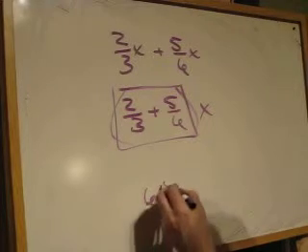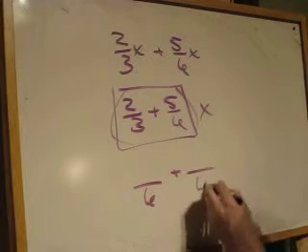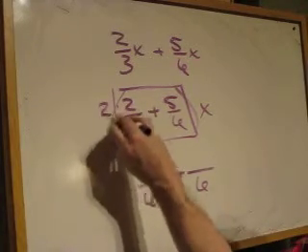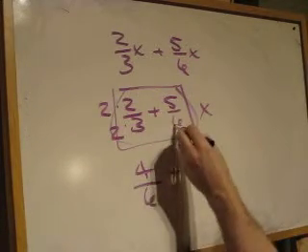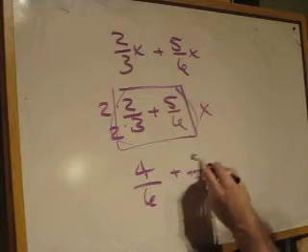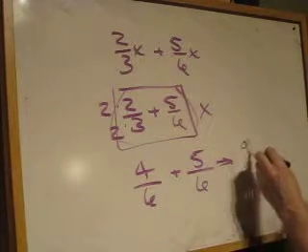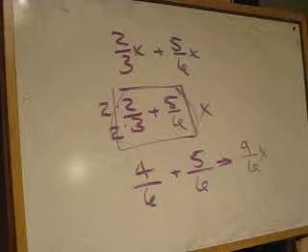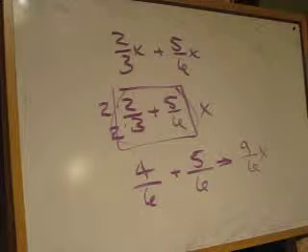So we have 6 here and 6 here. What did we do to go from 3 to 6? Multiply by 2, multiply the top one by 2. Here, 6 to 6 didn't do anything, don't do anything to the top. Add those together, 9 over 6, and we tag on the x, and we're good to go there as far as that is concerned.